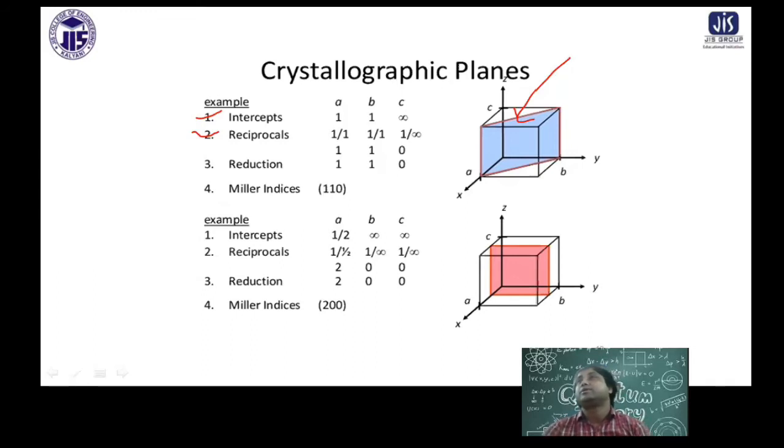Another example is this one. So look at this picture. The intersection with the x-axis is here. You see, it is a half, or a by 2. So it is half in the x direction.